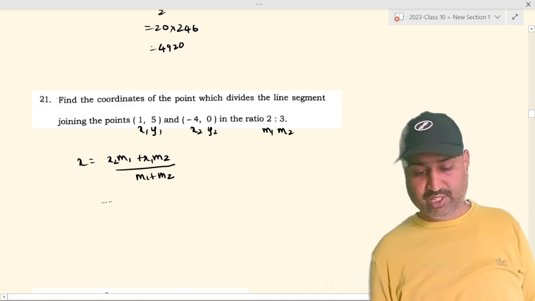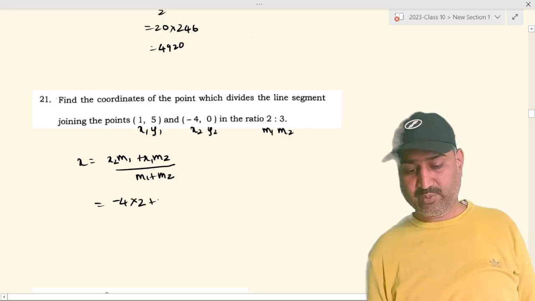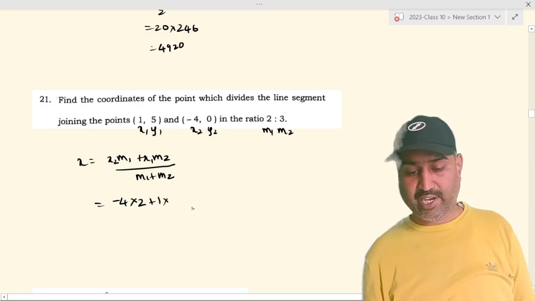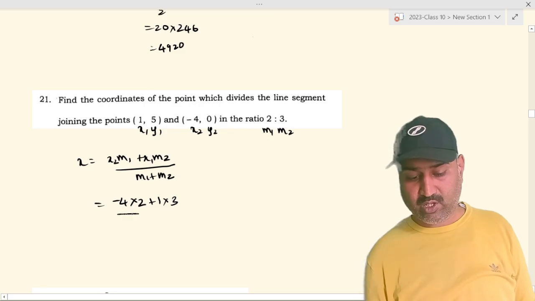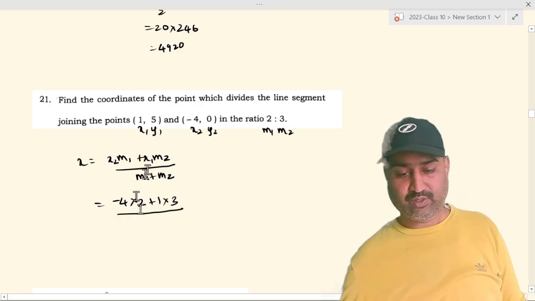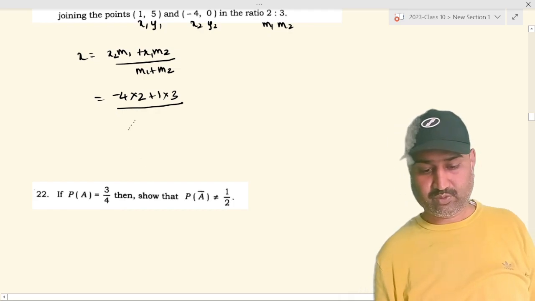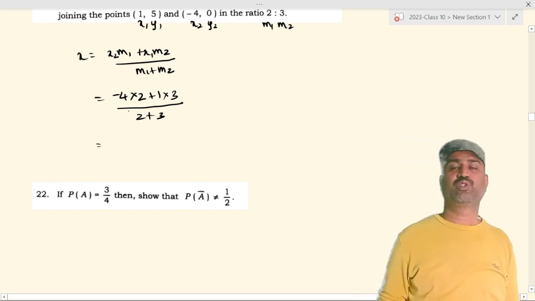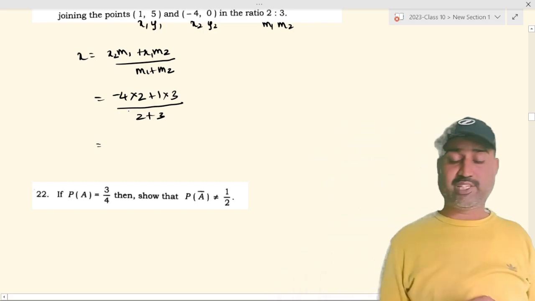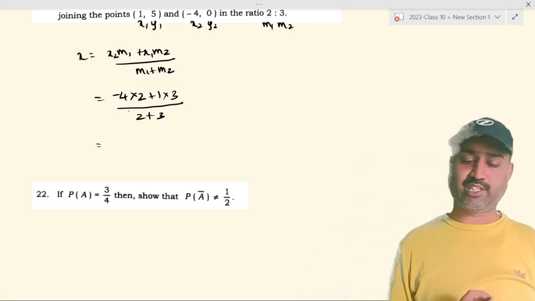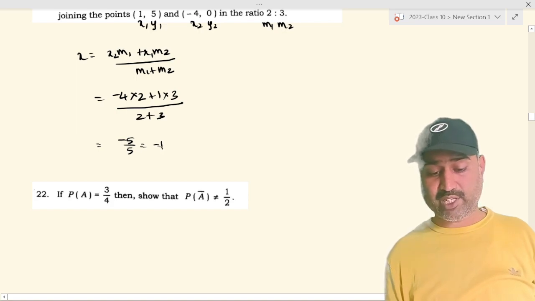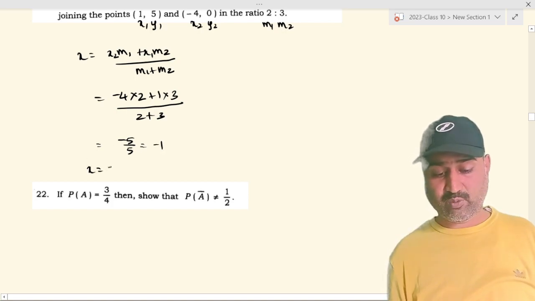Now x2 is minus 4, m1 is 2, plus x1 is 1 and m2 is 3, divided by m1 plus m2, which is 2 plus 3. Now minus 4 into 2 is minus 8. Minus 8 plus 1 into 3, minus 8 plus 3 is minus 5. Minus 5 by 5 is equal to minus 1. Therefore, the x coordinate is minus 1.